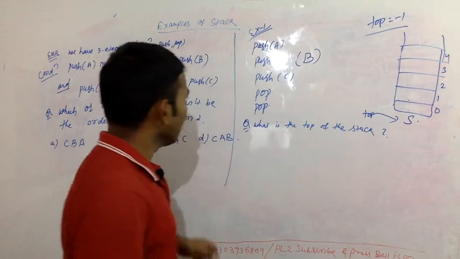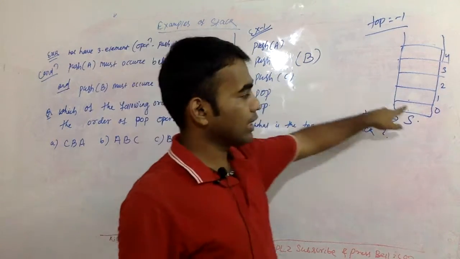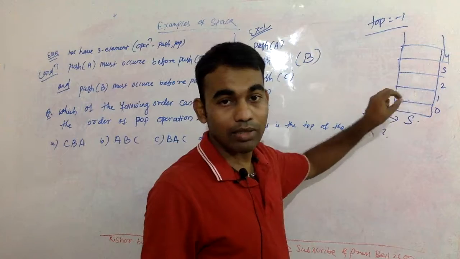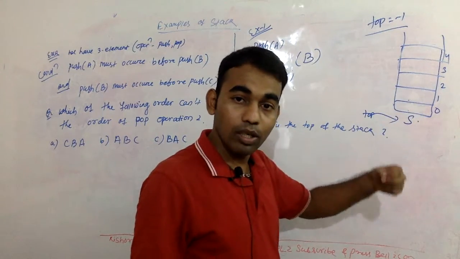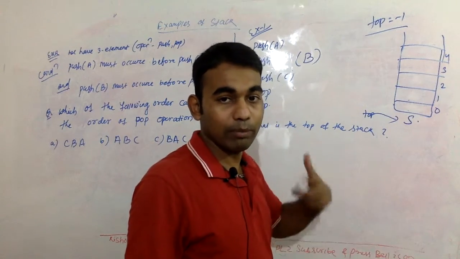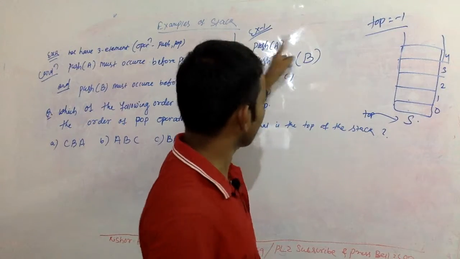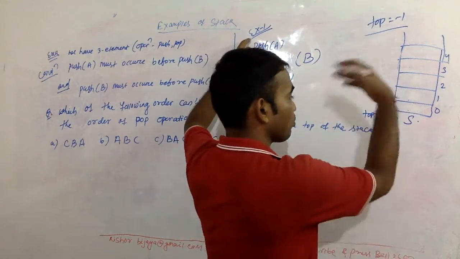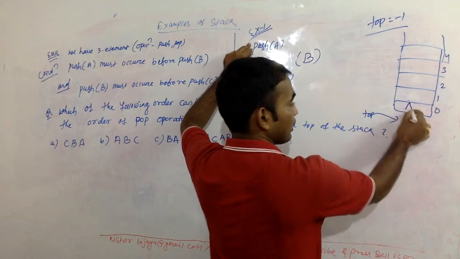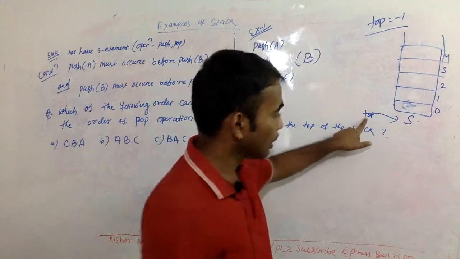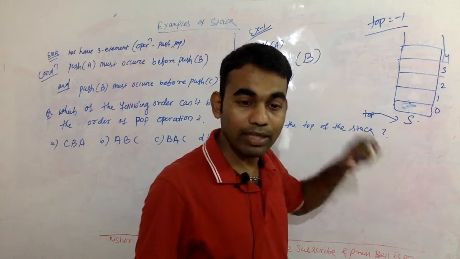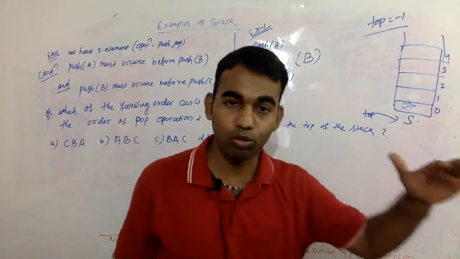Now if I insert an element into the stack, try to understand this, because this is how the program will also be implemented. Whenever you insert an element, suppose I insert A, before pushing I will increment top. That is how I write the logic for the push operation.